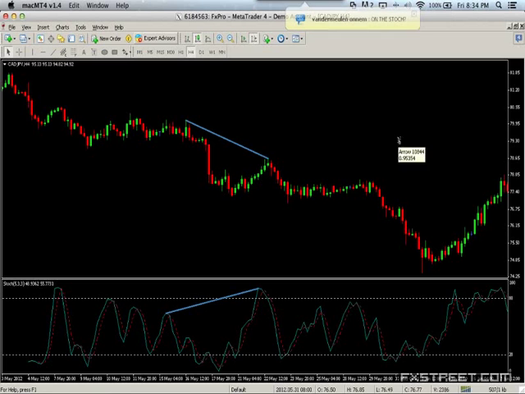But you're not in the oversold. Why not the other top? Which other top are we talking about? This one right here? Down here? This one? Okay, so you're saying why not this one?